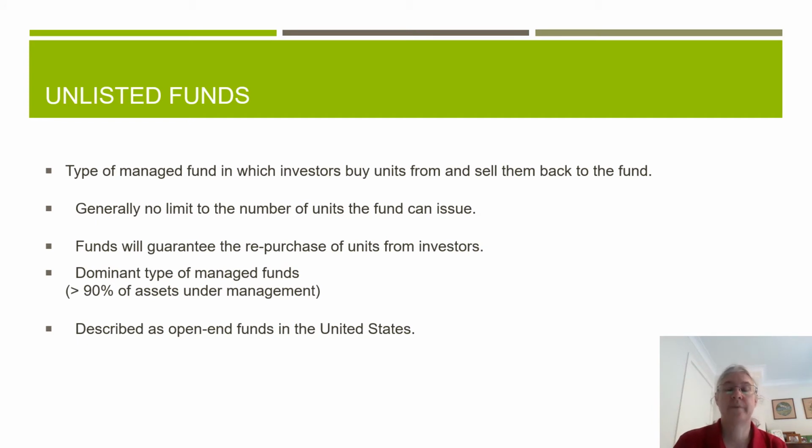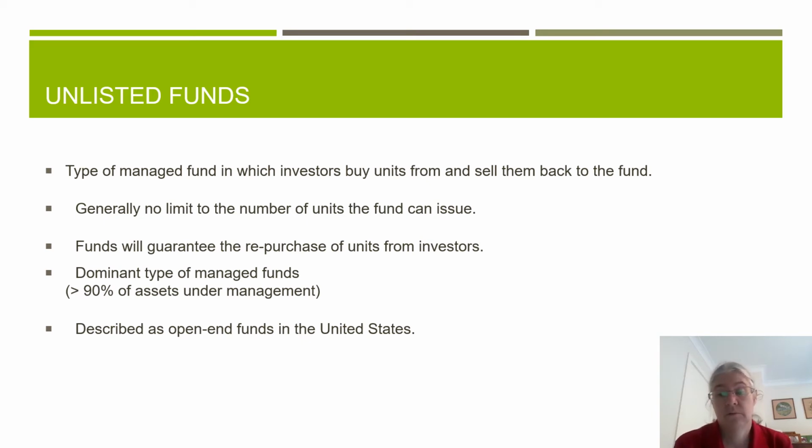We describe the funds in two different ways. We could have unlisted funds or listed funds. So the word unlisted and listed, this is talking about the stock exchange. So here we're looking at unlisted funds. So this is a type of managed fund where you buy and sell units directly from the fund.